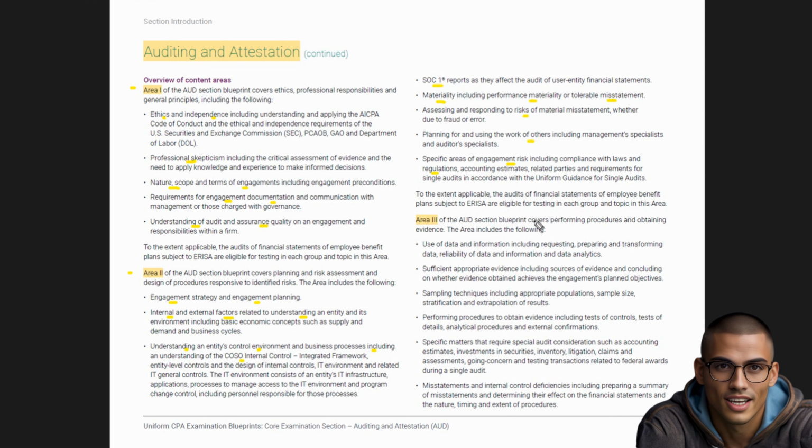For area 3 of the exam, this includes the use of data and information, obtaining sufficient appropriate audit evidence, sampling techniques, performing procedures to obtain evidence, including tests of controls and tests of details, specific matters that require special audit consideration, and misstatements and internal control deficiencies, including preparing a summary of misstatements and determining their effects.